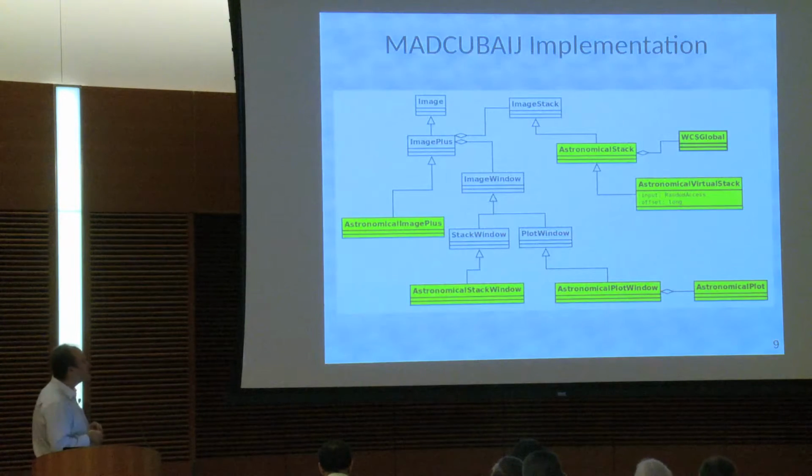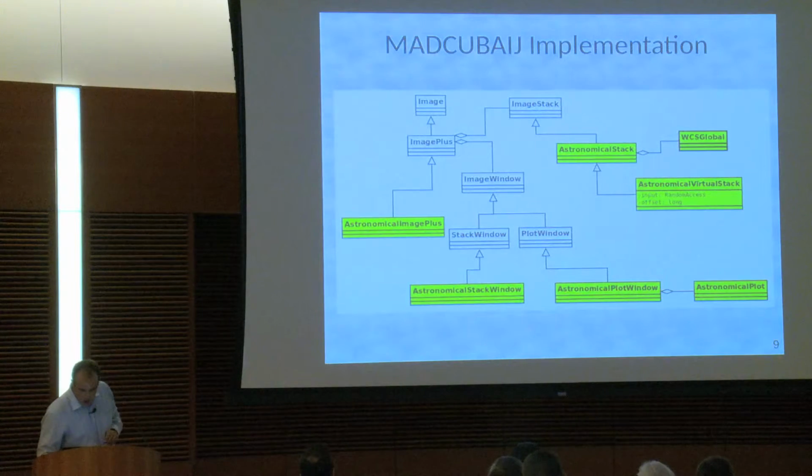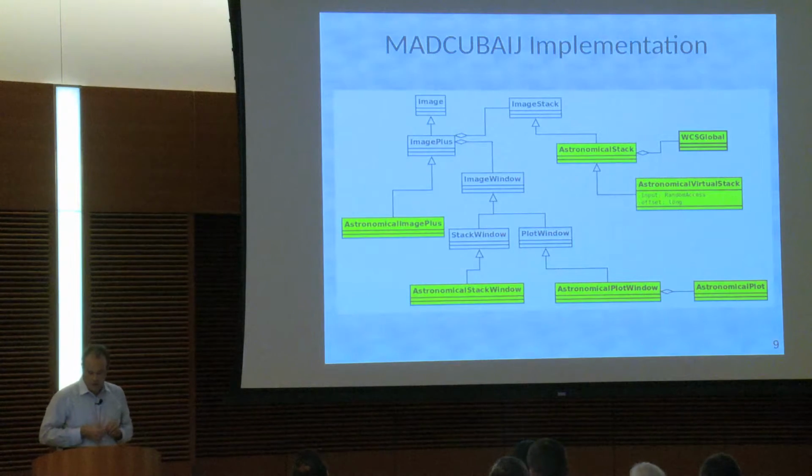For developing the plugins, we mainly extend ImageJ classes and add our information globally. We also need to work a lot with virtual stacks because the files are often 4 or 5 gigabytes, and it's difficult to work with them in memory.